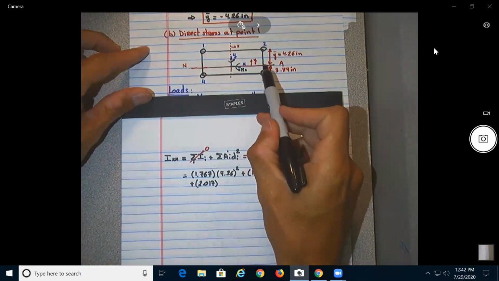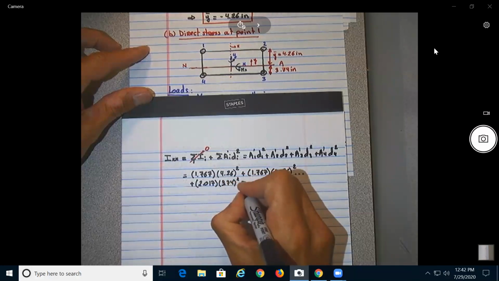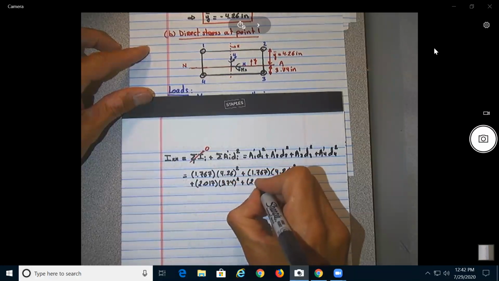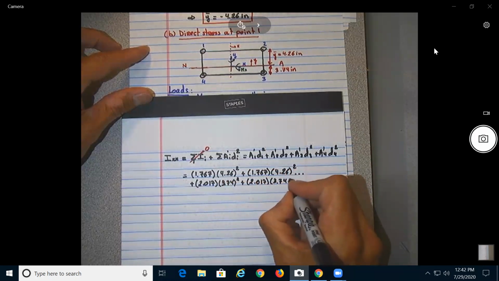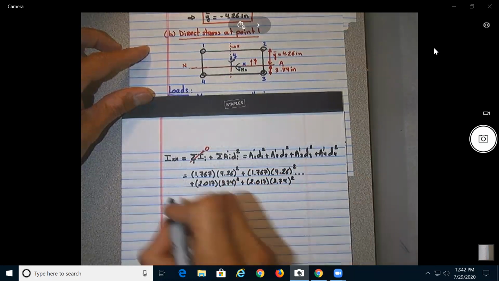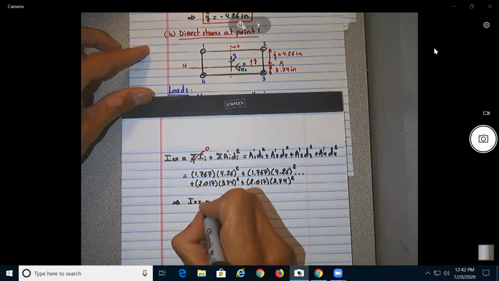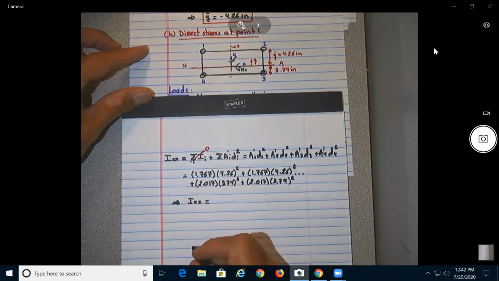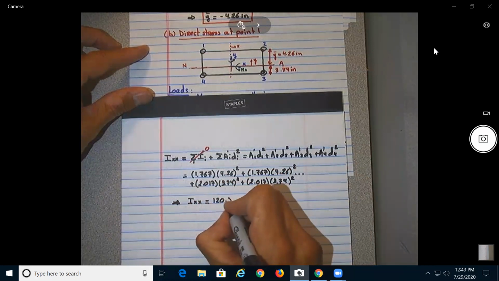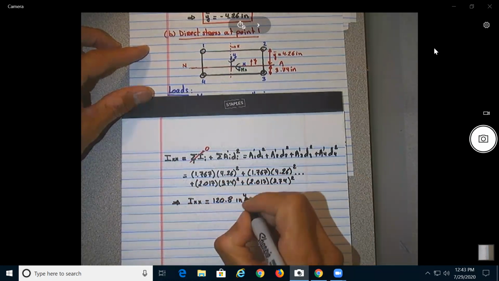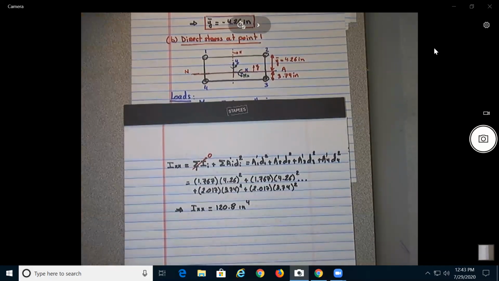This one will be at a distance of 3.74 squared plus 2.017 times 3.74 squared. And this is going to give you a value of Ixx equal to 120.8 inch to the 4th.